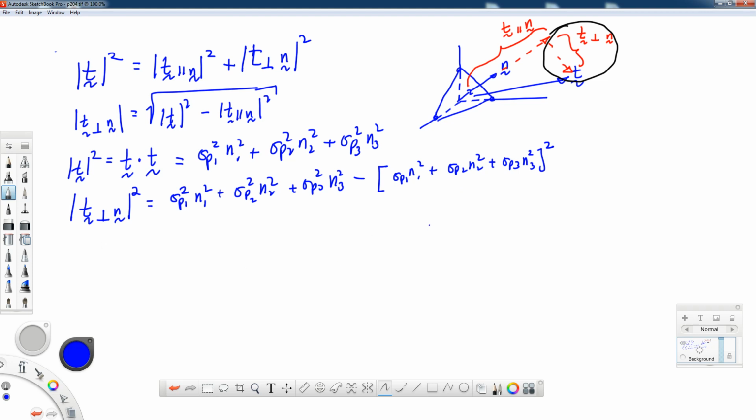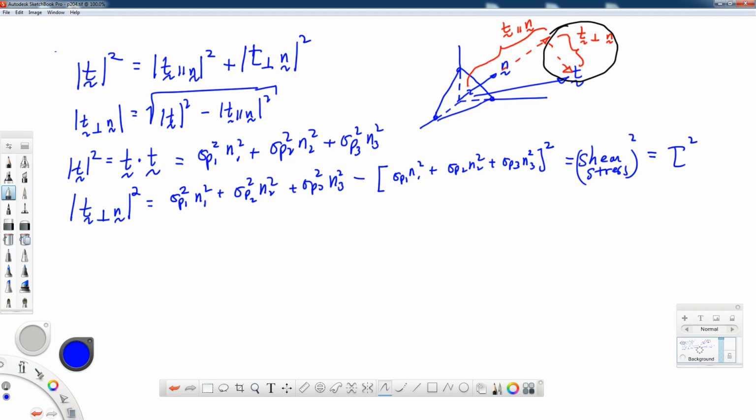And what t perpendicular to n physically represents is our shearing stress squared, which I'm going to call just tau squared. All right, so starting with our principal stress directions, using an arbitrary unit normal vector, this expression tells me what the shearing stress is that's acting on that arbitrary plane. It has a unit normal n1, n2, n3.